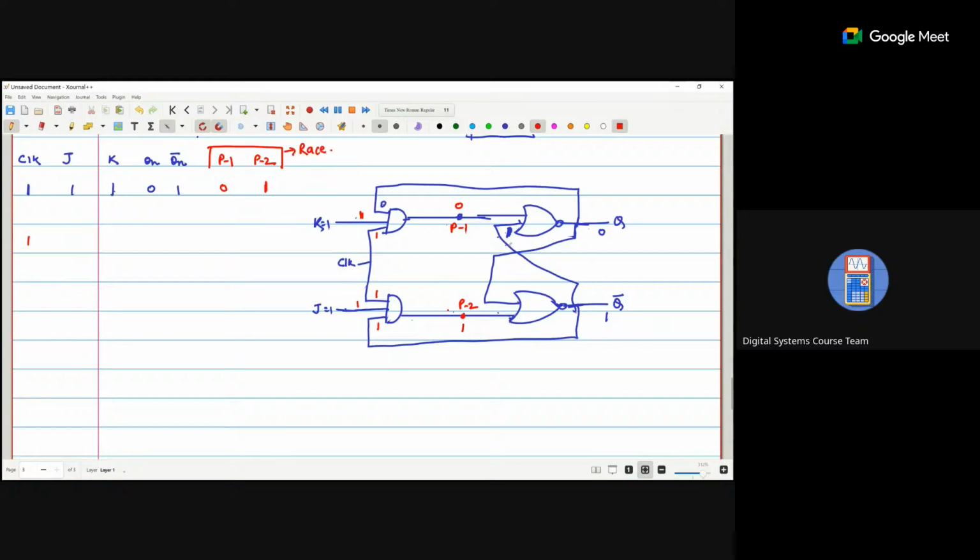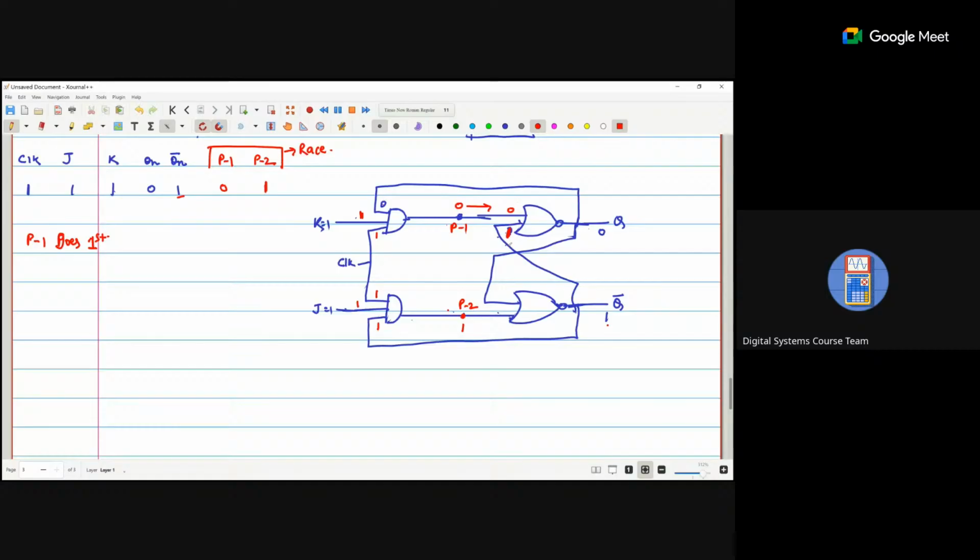Okay. If P1 goes first, so P1 is here 0. For Q bar, the second input is not available, so we assume the second input is just the previous one. So Q bar is 1.